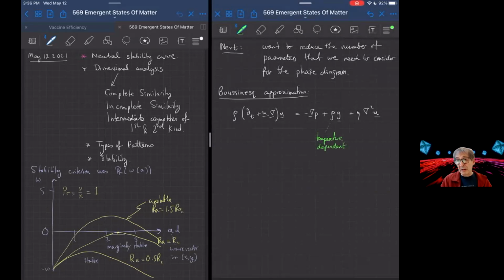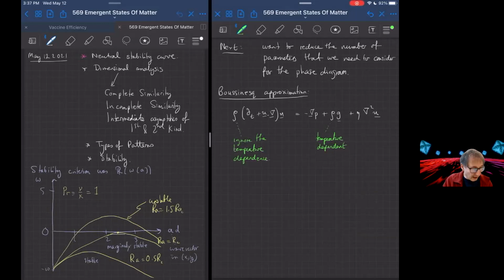And that was due to the thermal expansion coefficient. And so the Boussinesq approximation is we're going to ignore the temperature dependence here. And it's an approximation, but it turns out to be a good one, and it makes the analysis much simpler.